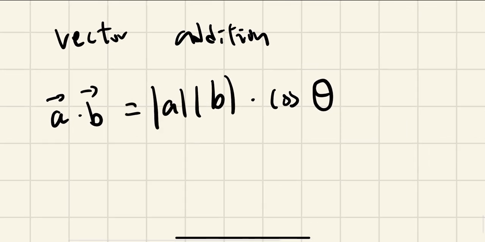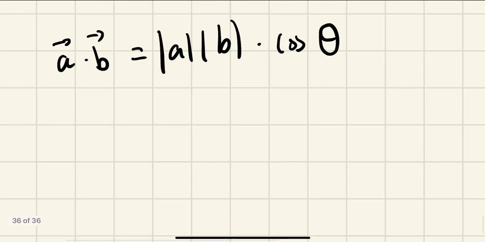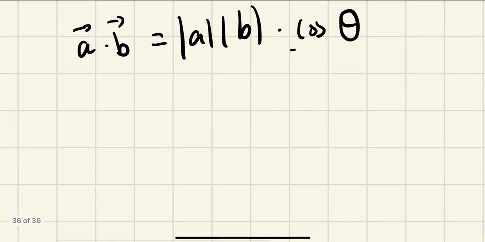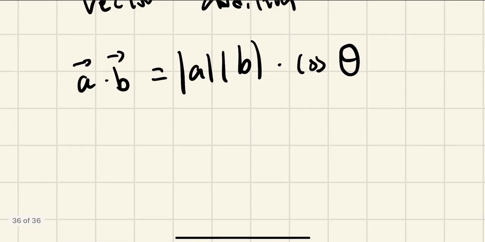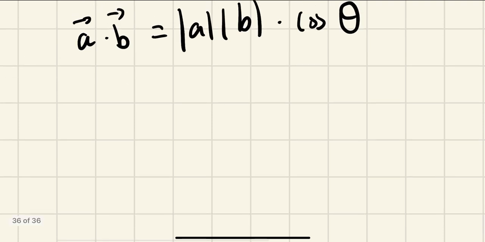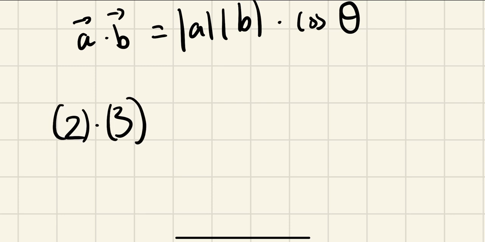Essentially, if you don't have an angle, that means the angle will be 0, and cos 0 just equals 1. I'm pretty sure cosine 0 equals 1. So let's say 2 times 3.